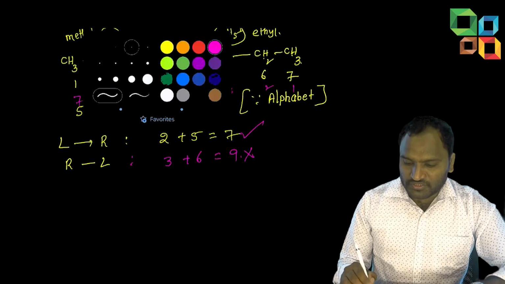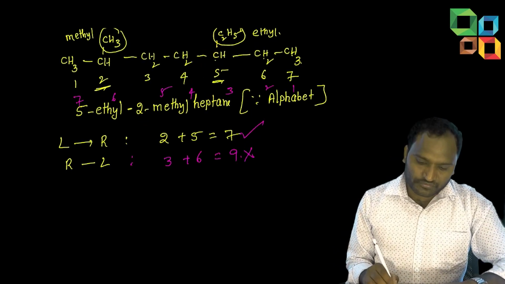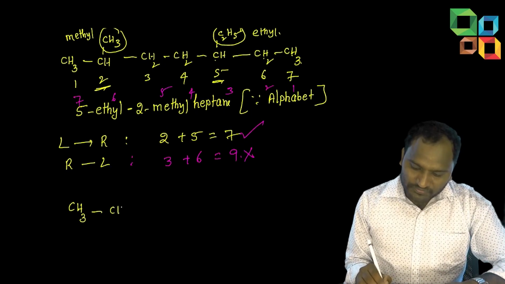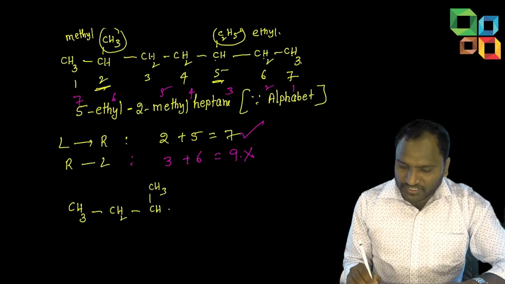Okay. Next, one more different example, because a different rule I am going to cover. Now, I am taking a methyl group in third position from this side.